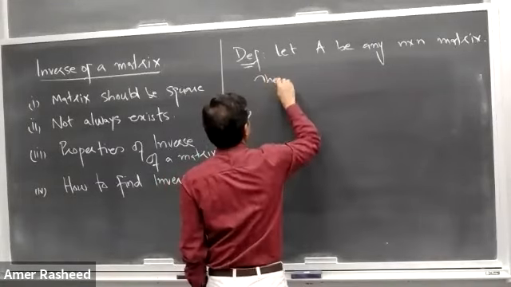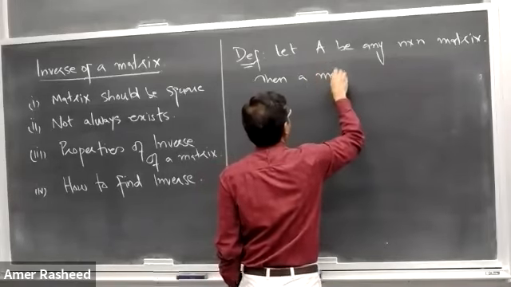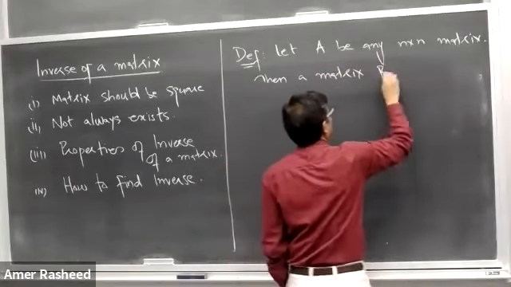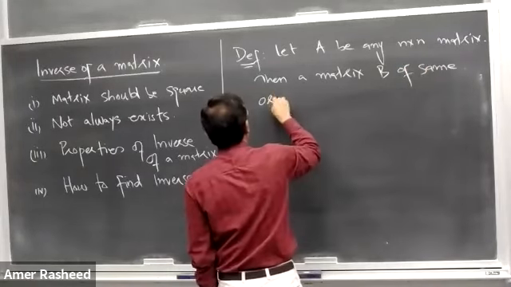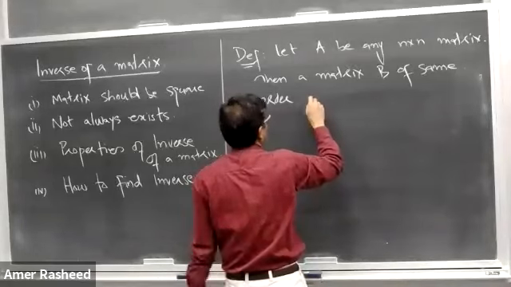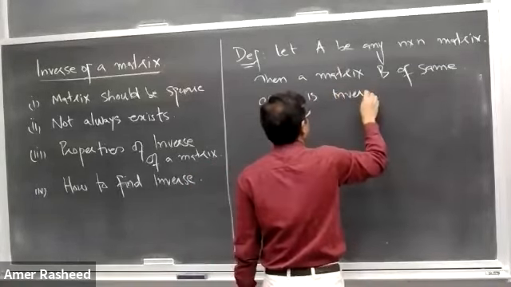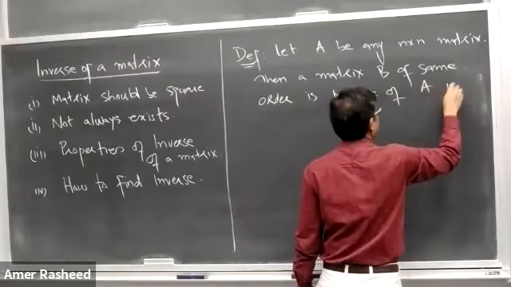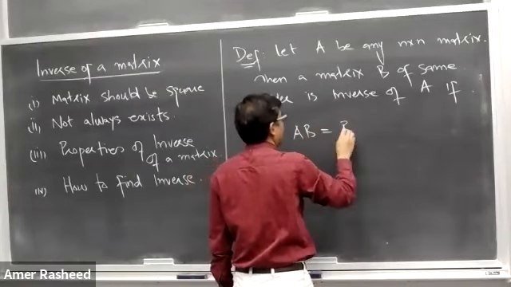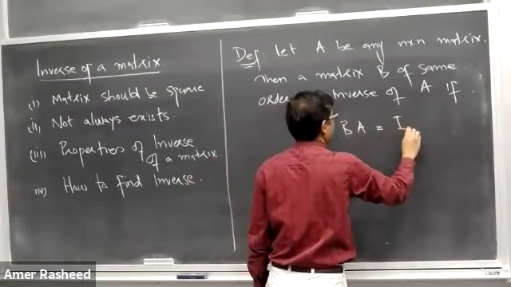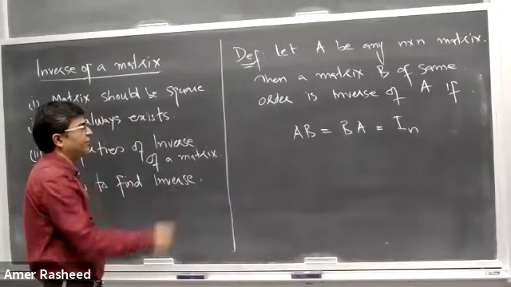Then a matrix B of the same order is said to be the inverse of A if A times B is equal to B times A is equal to I_n, where I_n is the identity matrix. This was the definition.